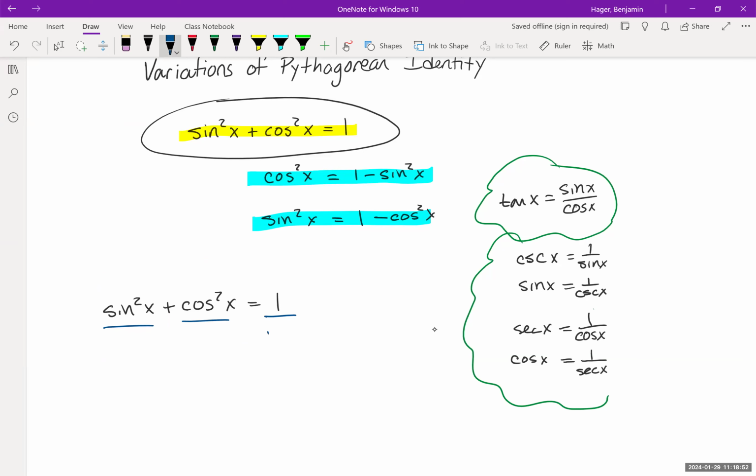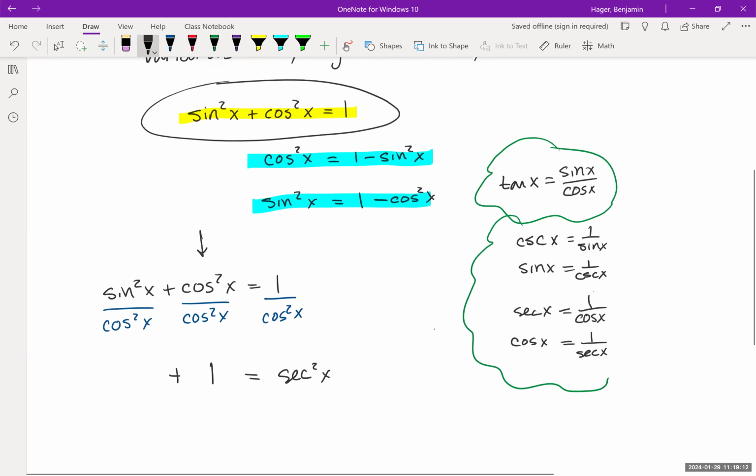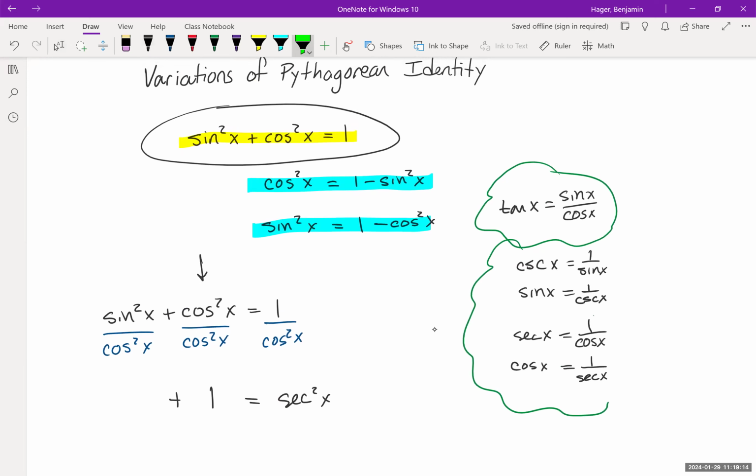But look what happens if we divide by cosine squared on all sides. Well, 1 over cosine squared, that would be secant squared. Cosine squared over cosine squared is 1. Anything over itself is 1. And then here I've got sine squared over cosine squared. Well, sine over cosine is a tangent.